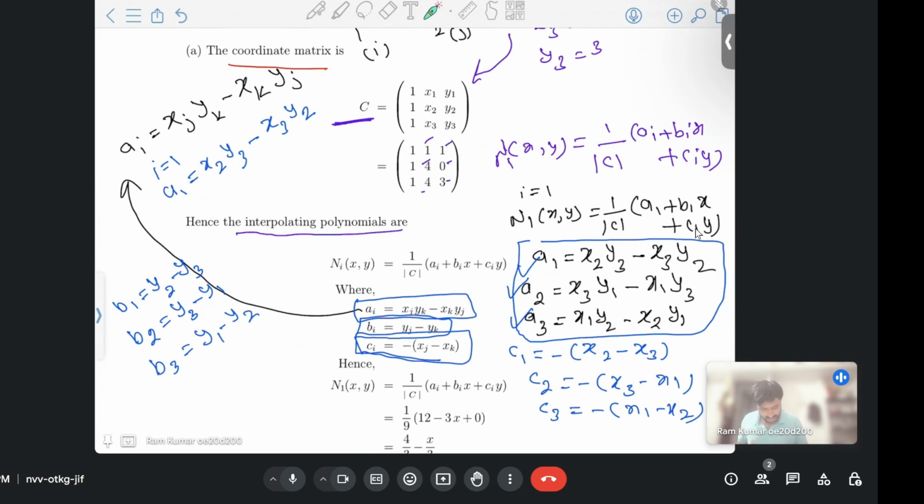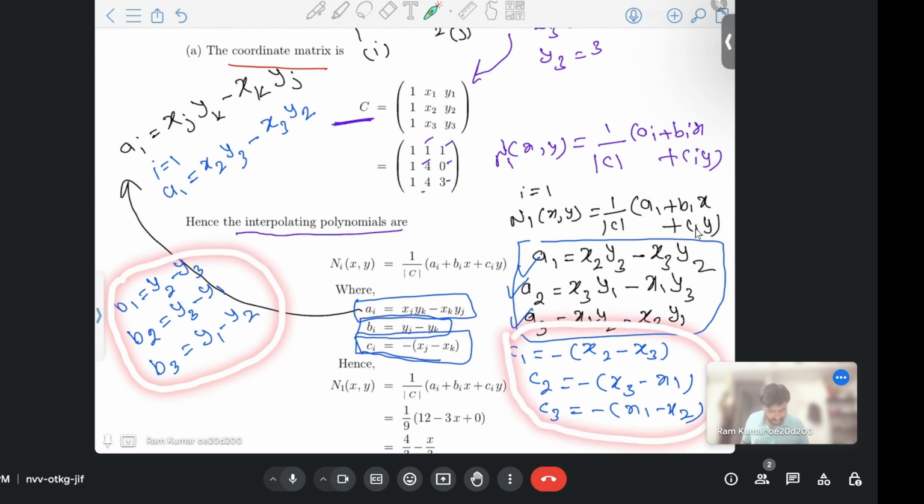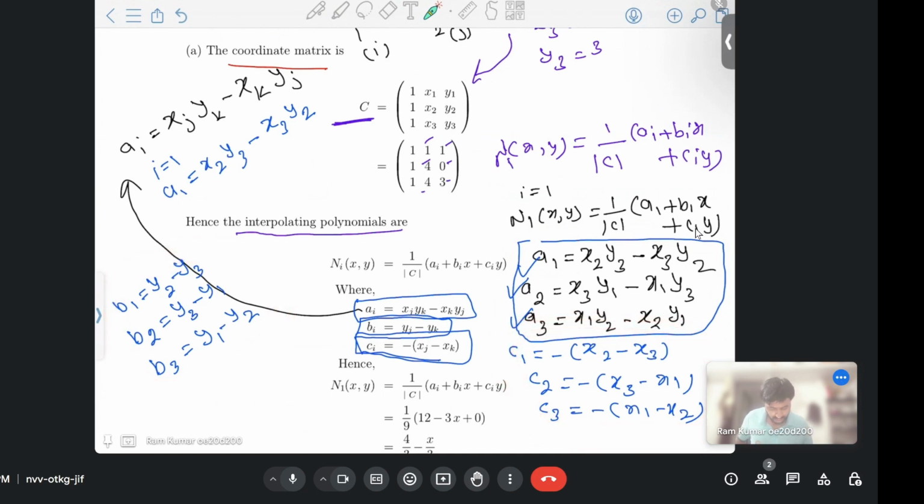So we got all these coefficient values: a1, a2, a3, then b1, b2, b3, and c1, c2, c3. Like this, we will get all the coefficients to get the interpolating function or shape function for this triangular element.